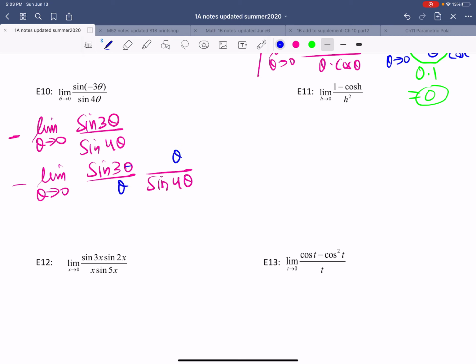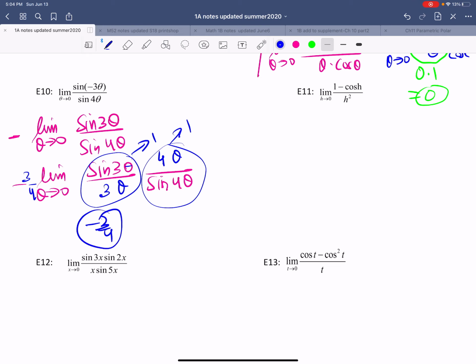If I multiply and divide with the same thing, I'm not really changing the fraction, so I can do that. Now I'm going to multiply and divide with a 4, and also with the 3. This is going to help me because I see these two limits are going to go to 1 and we'll be left with negative 3 over 4, and that's going to be my limit in this case.